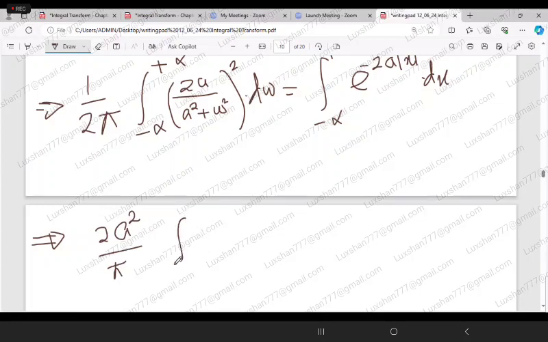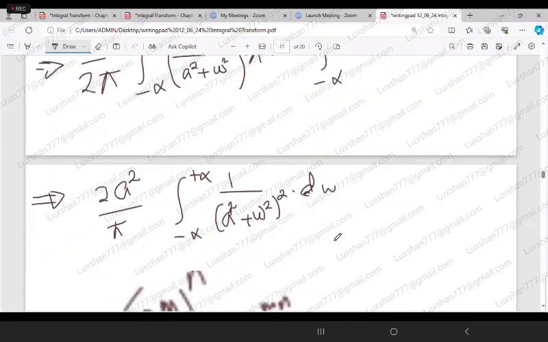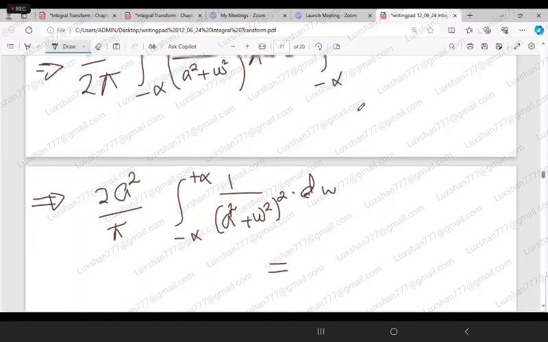Integration minus infinity to plus infinity, 1 over a squared plus omega squared, whole squared, d omega is equal to this integration.